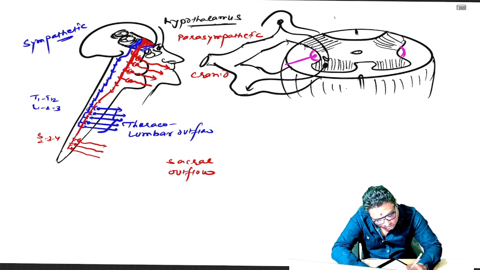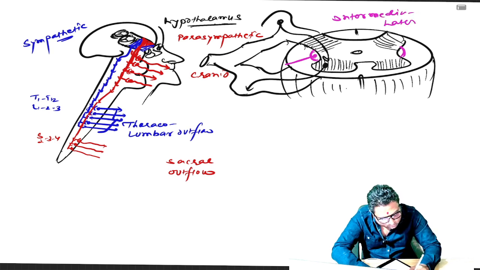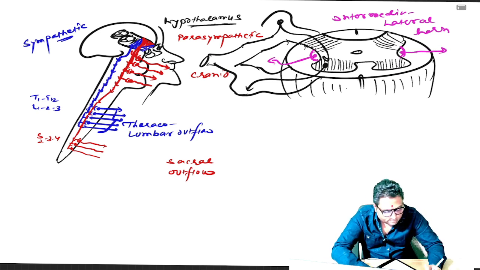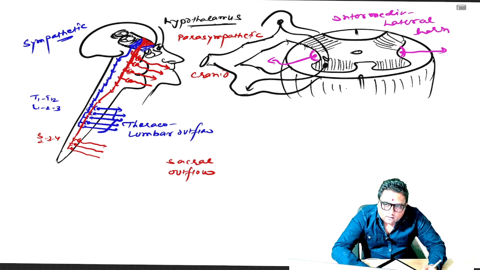This horn is called the intermediolateral horn. These fibers are autonomic fibers, sympathetic or parasympathetic.